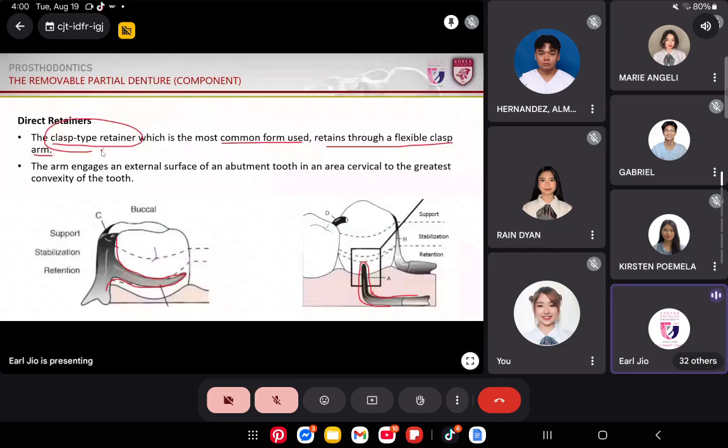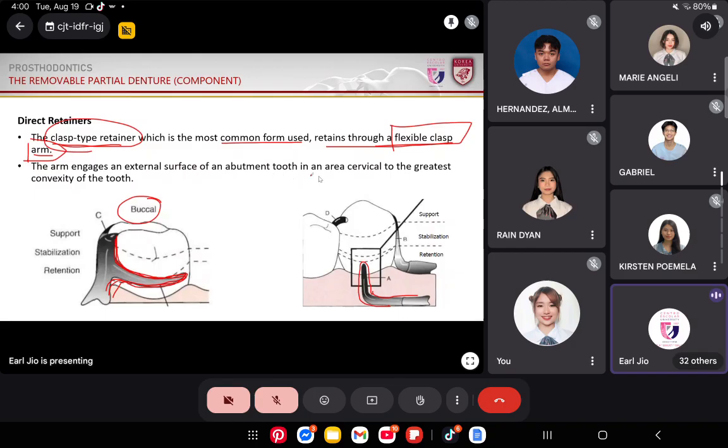So the direct retainer of the clasp type, which is the most common, retains through a flexible clasp arm. Where is the flexible clasp arm? It is here, on the buccal surface of our abutment; the retentive clasp arm is there.